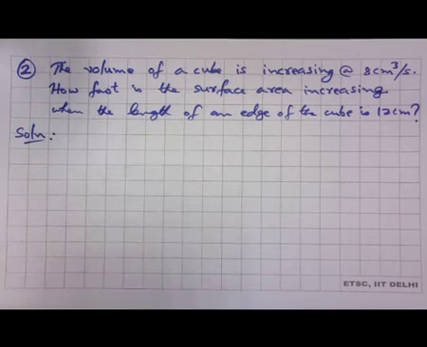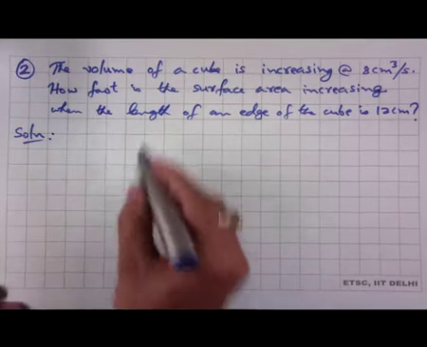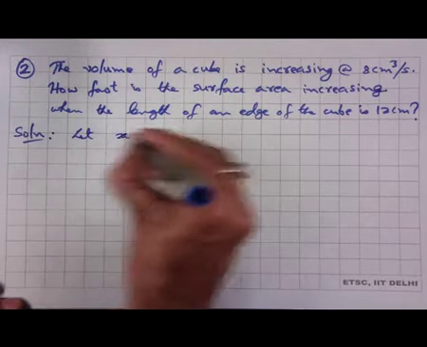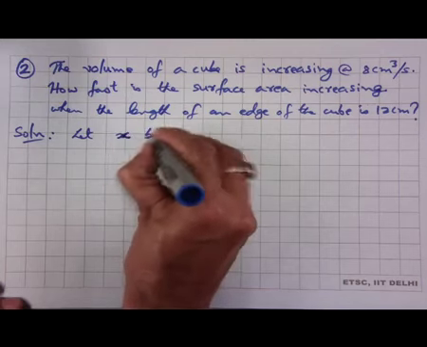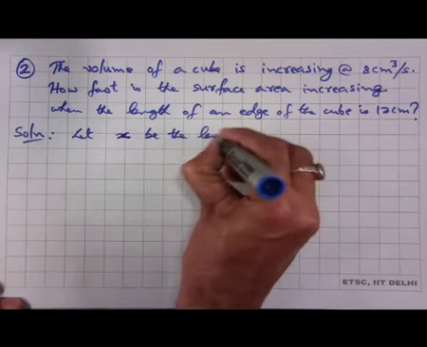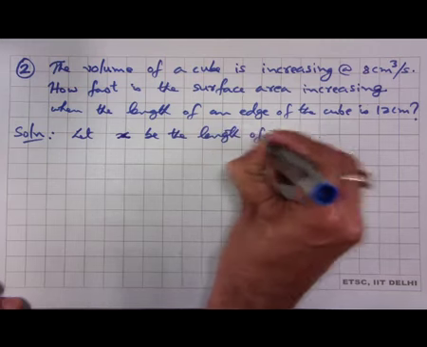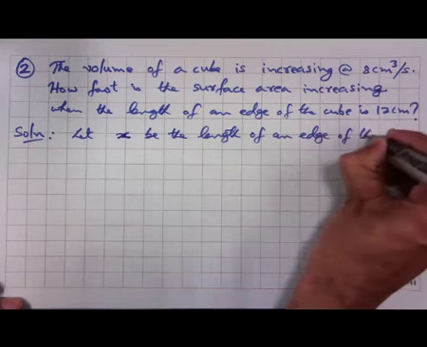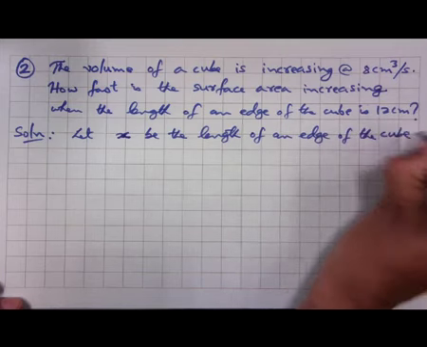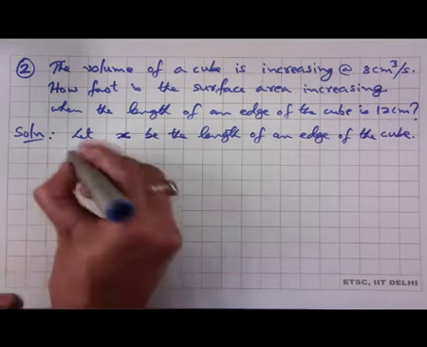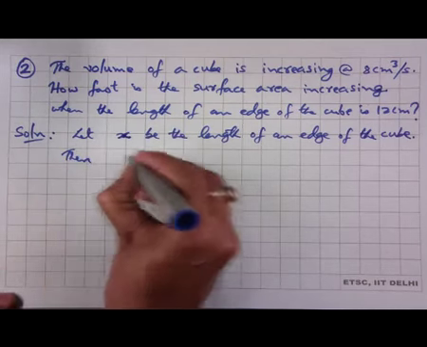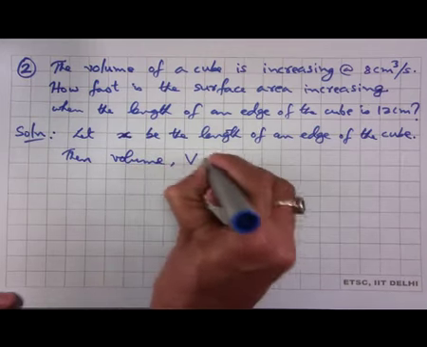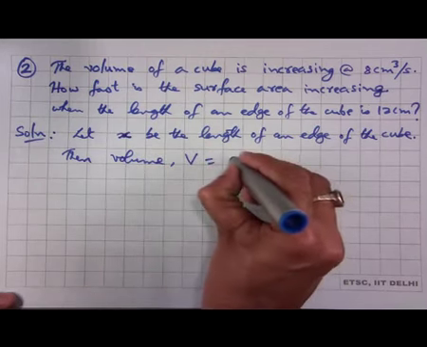So, again let us see what is given and what we want. Let x be the length of an edge of the cube, then the volume V is x cubed.